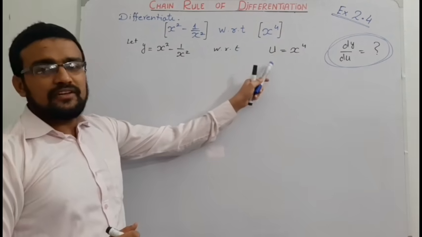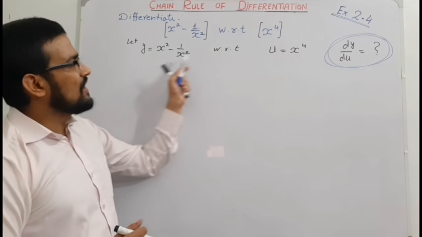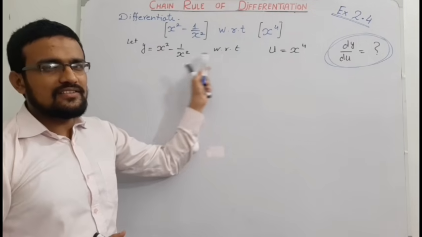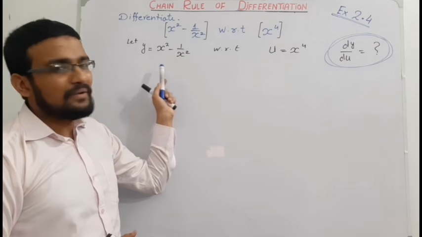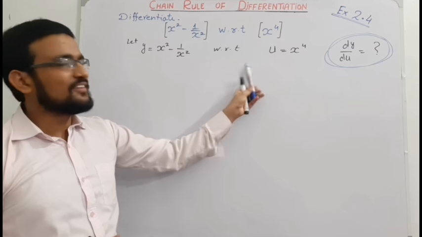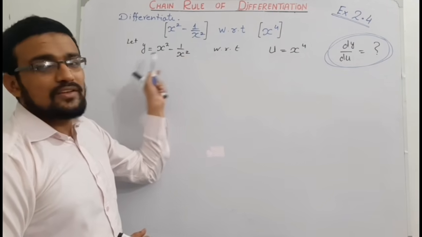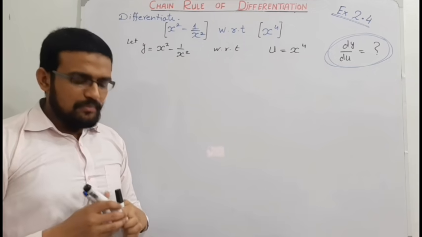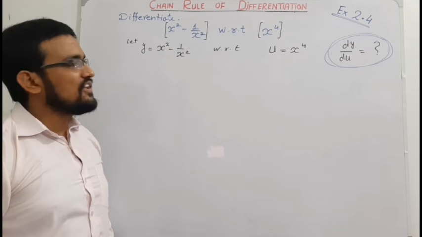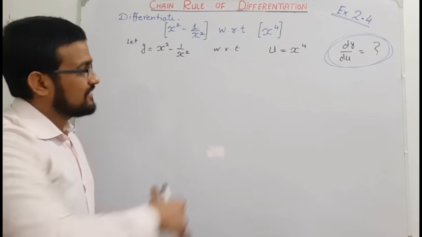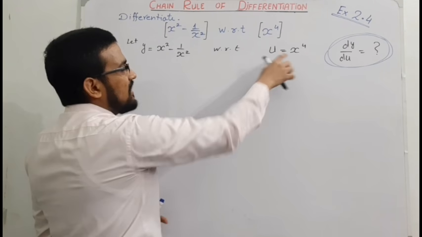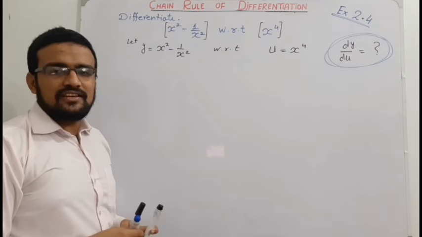See here, students, these equations are parametric equations, because both y and u depend on the same variable x. So x is a parameter in this case.